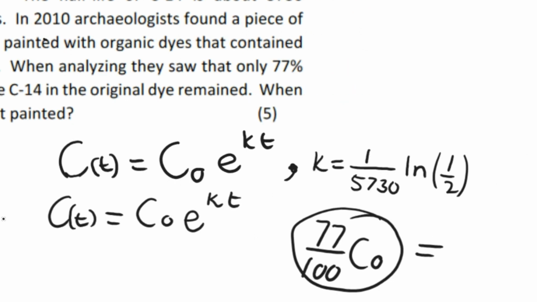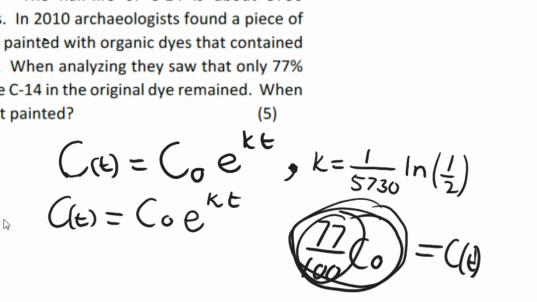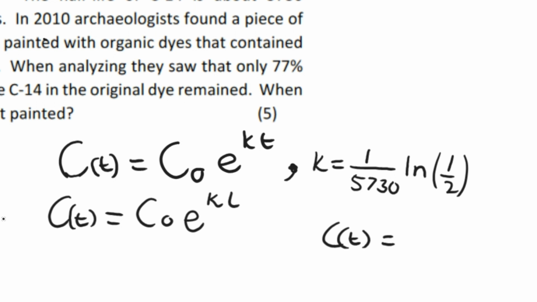This is our C at time t, the t that we are looking for. Our C is 77% of the C naught. It will be given by 77 over 100 times the C naught, the initial value.